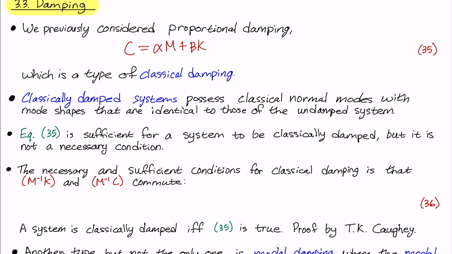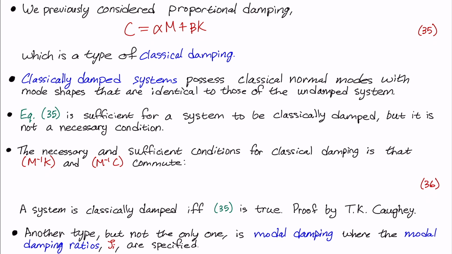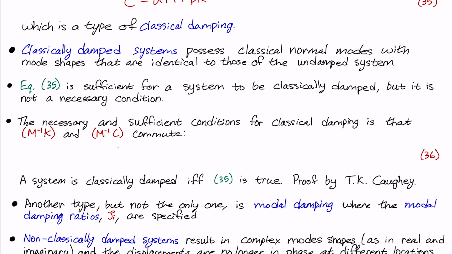The necessary and sufficient condition is that the matrices M inverse K and M inverse C must commute, meaning that the quantity M inverse K times the quantity M inverse C must be equal to M inverse C times the quantity M inverse K.